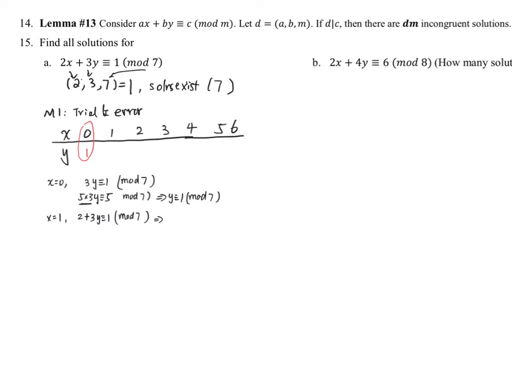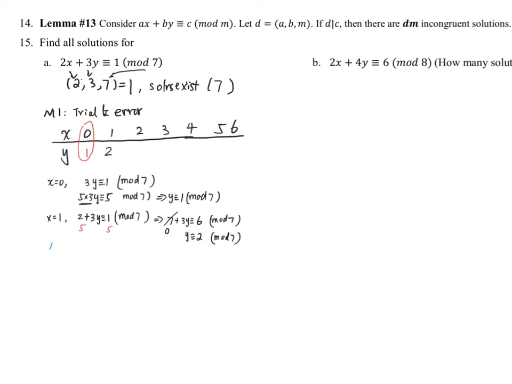You can do that, but how about we add 5 to both sides. The reason is that 2 plus 5, which is 7, is congruent to 0. So my equation becomes 7 plus 3y congruent to 6, and the 7 is congruent to 0. Then I can divide by 3. So y is congruent to 2 mod 7. So therefore this is 2.